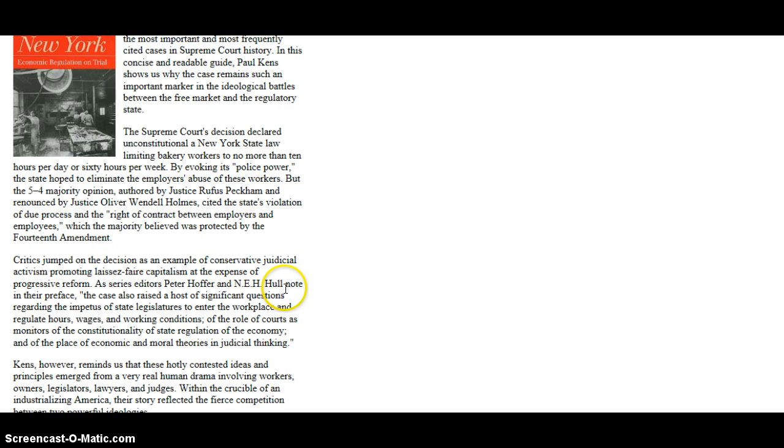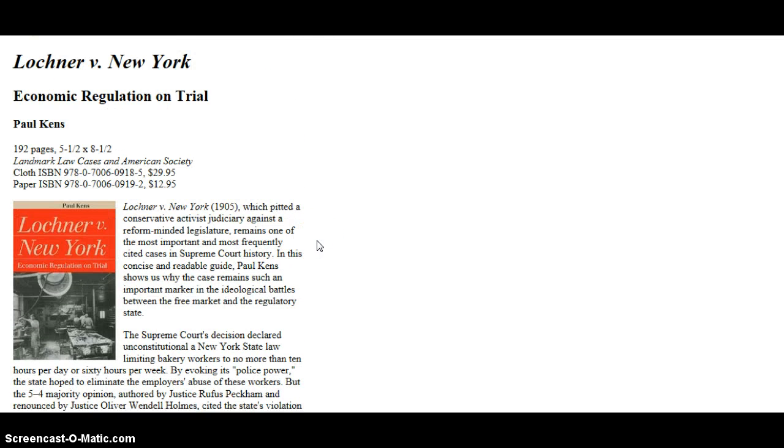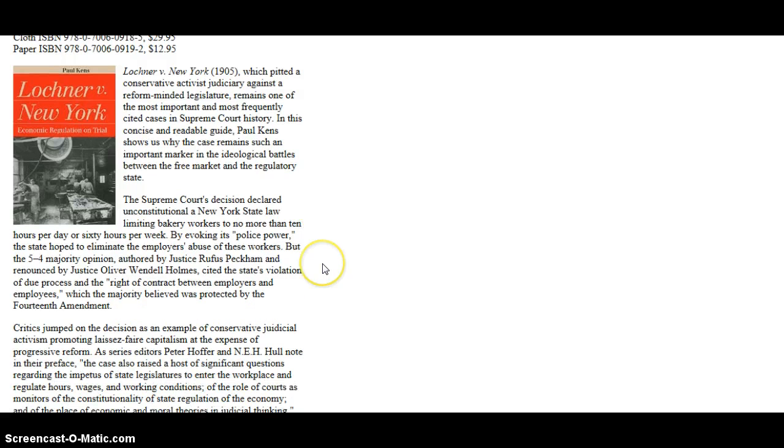Lochner versus New York is a case that is a blow to the labor movement and to the early progressive movement. This is a book review for a book by Paul Kens that came out a few years ago. Lochner versus New York was a case in 1905. The Supreme Court was very conservative at this point, very pro-business.